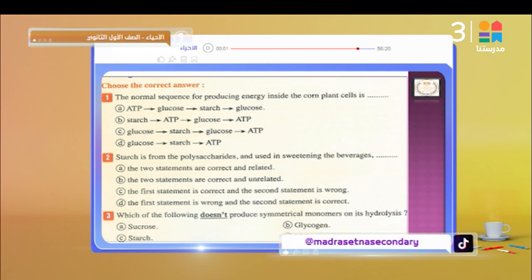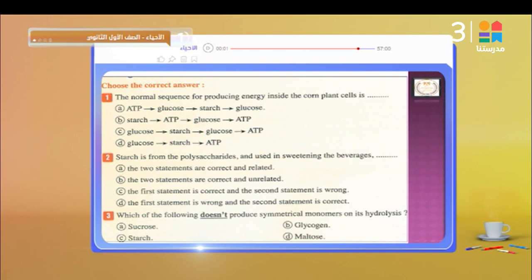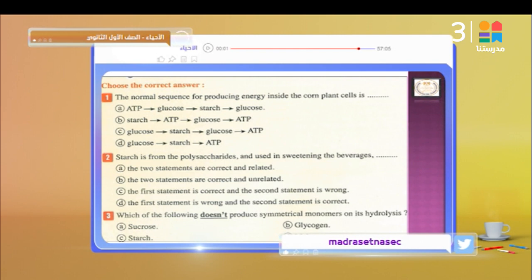The best answer is C. Next: starch is a polysaccharide and is used as a sweetener. Starch is a polysaccharide and not sweet, so the first statement is correct and the second statement is wrong.